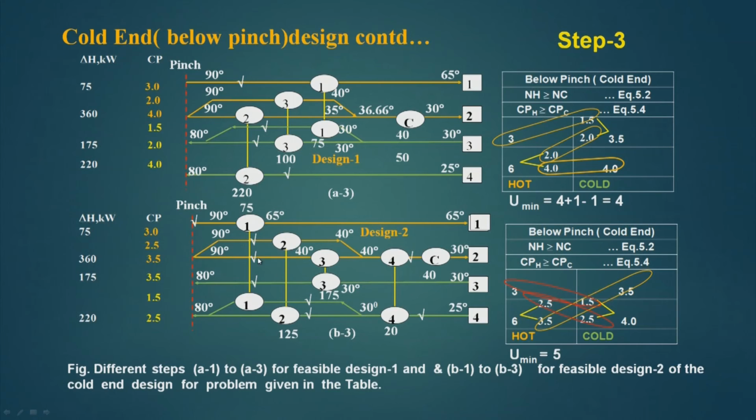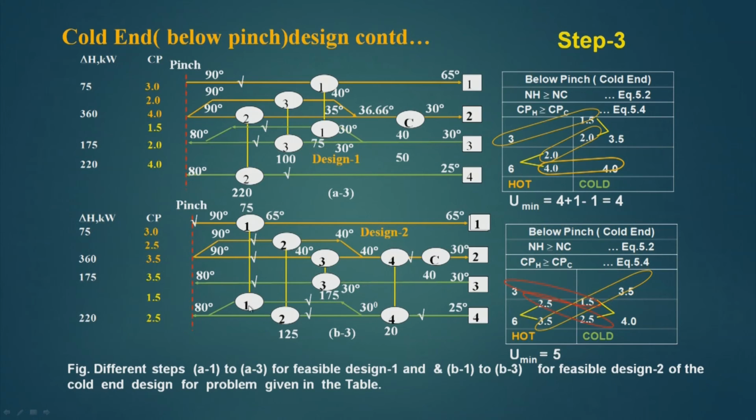So, this is ticked off and these two are also ticked off and this is also ticked off and this is also ticked off. That means, my design is complete. So, what I have made? I have made the energy target which is 40, but I am not able to meet the U minimum target which is 4.